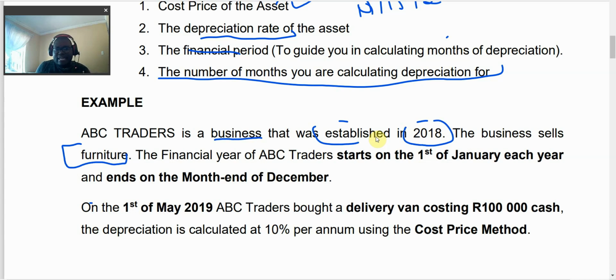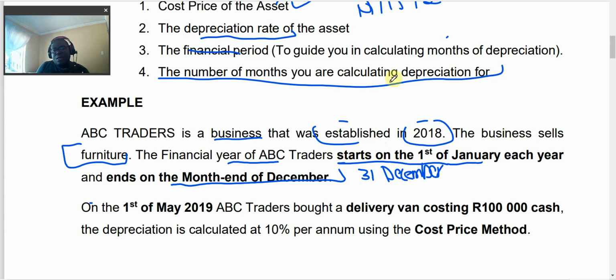And they're saying that the financial year of ABC Traders starts on the 1st of January each year and ends on the month end of December, so it ends on the 31st of December. The first thing they gave us here is the financial period. Remember when I told you that when you calculate depreciation, one of the items you will need is the financial period.